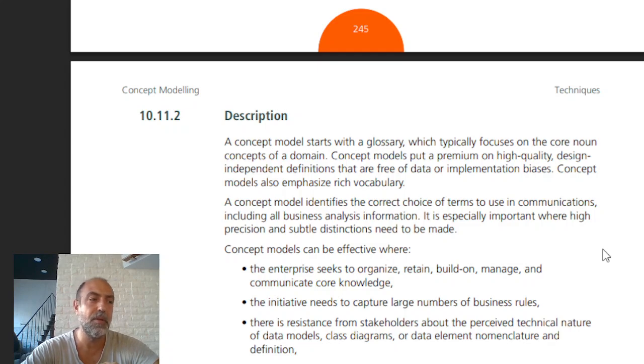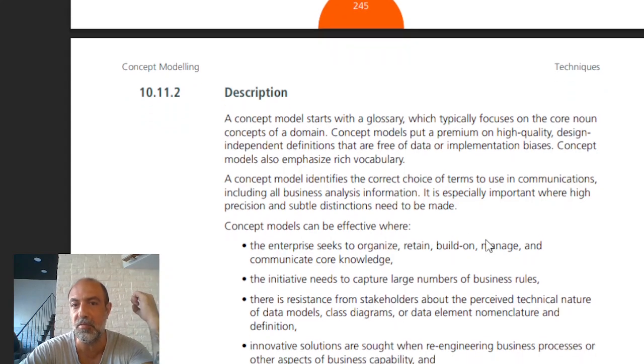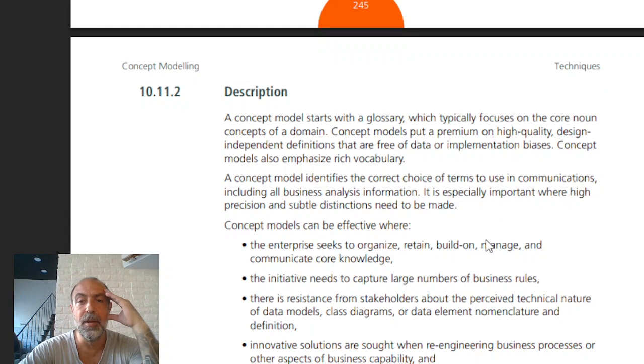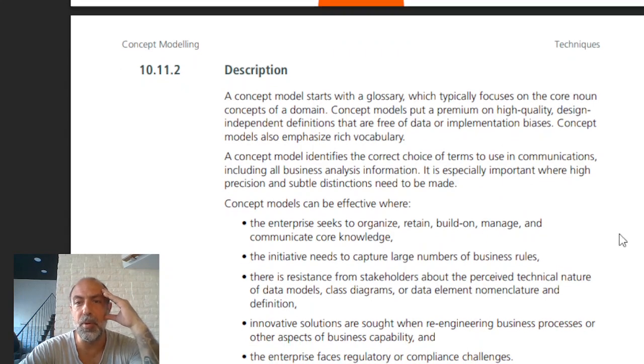So, is it me or does it feel like an outline? Like there's a glossary, it focuses on the core noun concepts of the domain. It's like, what are the functions of the domain? Put a premium on high quality, design-independent definitions, free of data or implementation biases. Concept models also emphasize rich vocabulary and stuff like this.